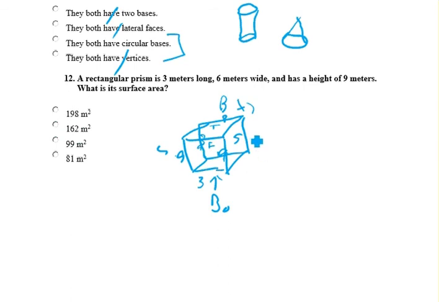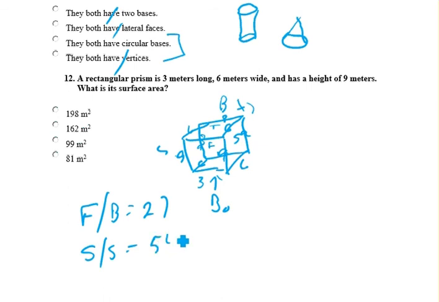And what's this one? 6 meters wide. 6, 6, 6, 6. So the front and back are each 3 by 9, or 27. The sides are each 6 by 9, 54.